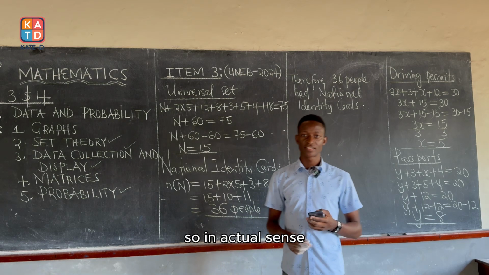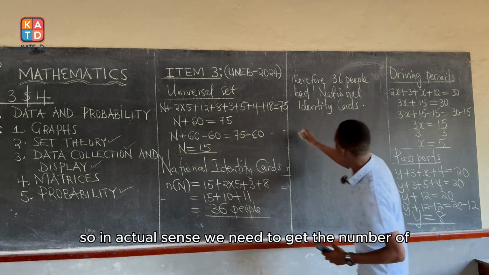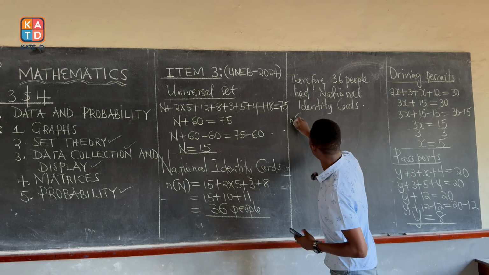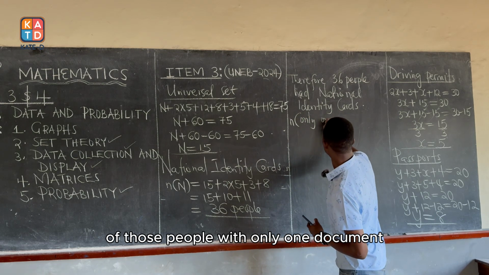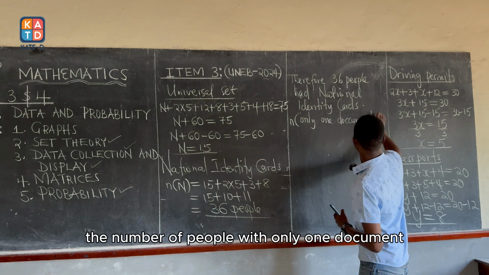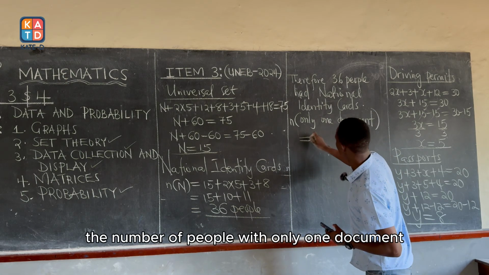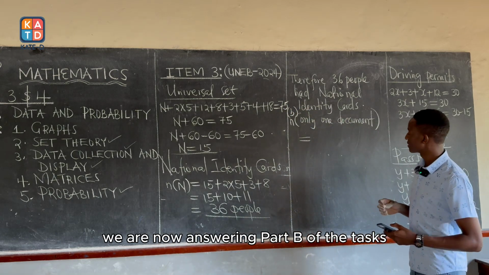So in actual sense, we need to depend on that part of the scenario. We need to get the number of those people with only one document. We are now answering part B of the tasks.